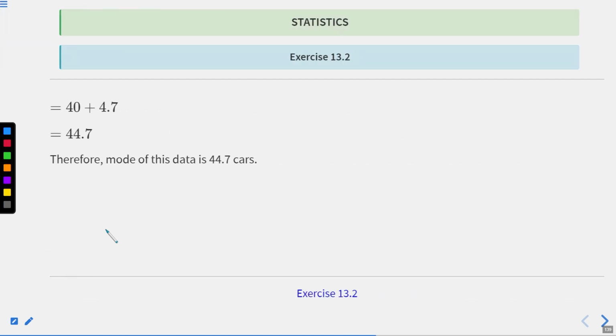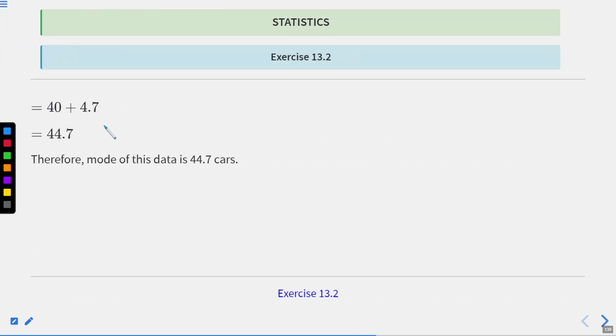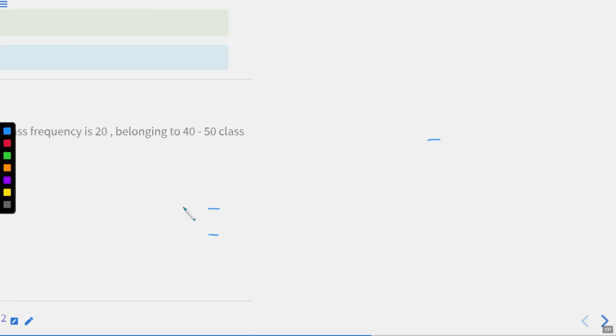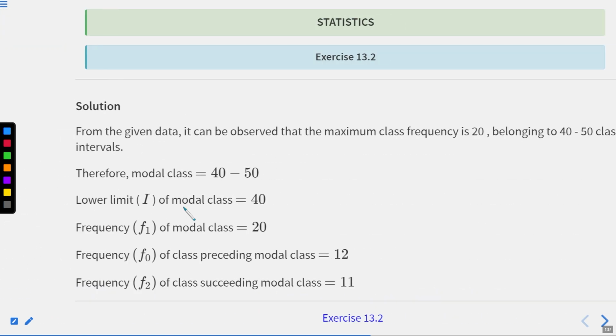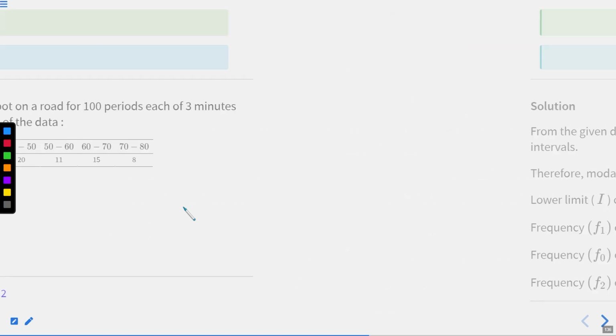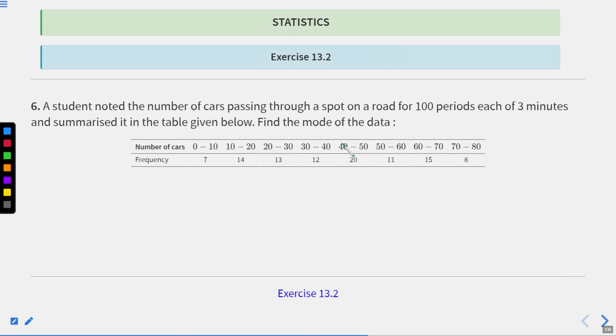Okay, and this is equal to 40 plus 4.7, and this is equal to 44.7. So therefore the mode of this data is 44.7 cars. So for this question, the mode of the given data is 44.7.